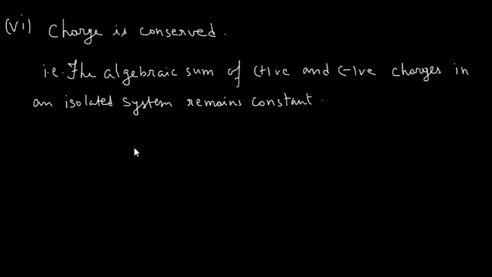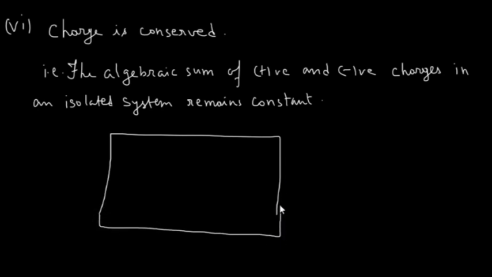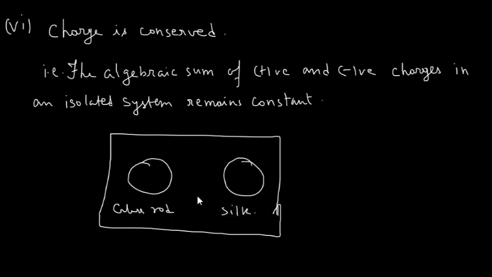So let us consider a system of glass rod and silk. When the glass rod is rubbed with silk, the negative charge appears on the silk, so this becomes negatively charged, and the glass rod becomes positively charged.